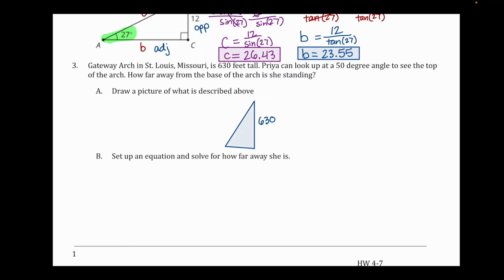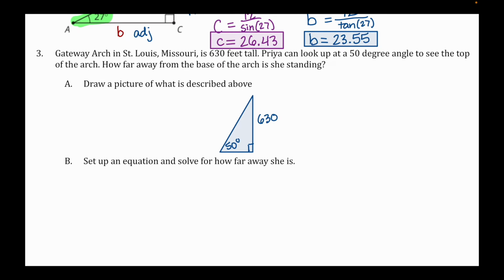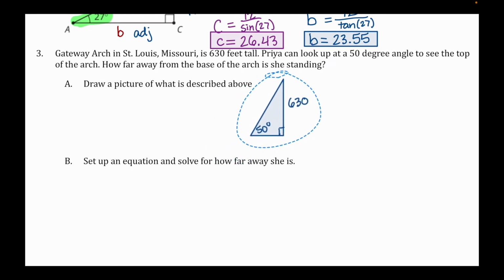I would be comfortable with that being 50 degrees. That is not going to quite be a right angle though. There we go, that looks much better. So this is a 50-degree angle, and then we want to know, reposition this a little better actually, because I didn't realize I needed space to write underneath it. I want to know how far away she is standing from it.